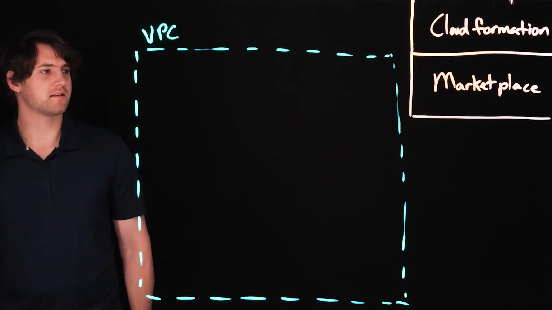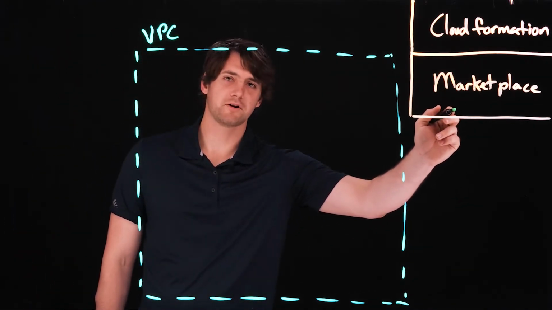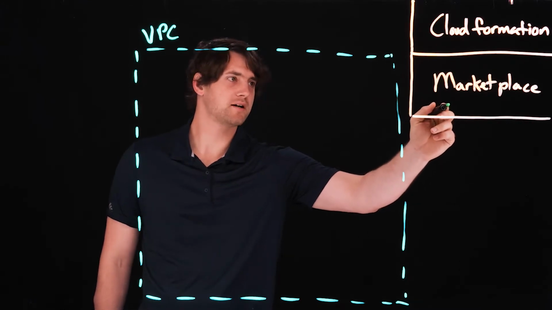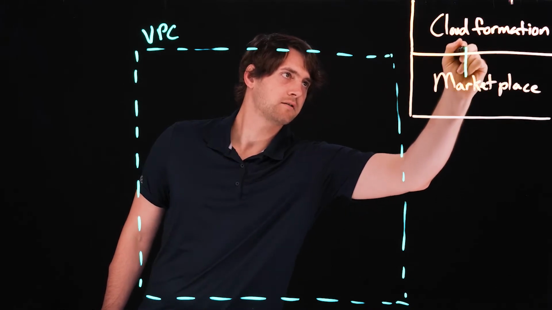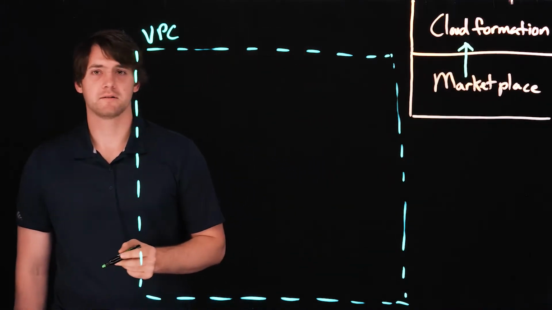And today I want to walk you through the architecture behind our Cloud Block Store for AWS product. The first thing that we do is we start in the marketplace, where we have an offering that allows you to consume Cloud Block Store directly from within AWS. So once you go into Marketplace, you can select that offering, and it will provide you with a CloudFormation template.